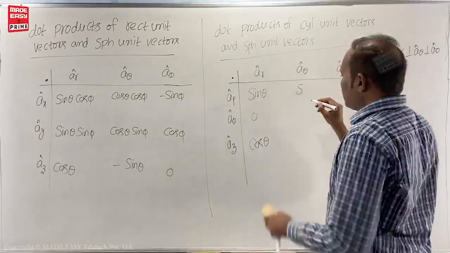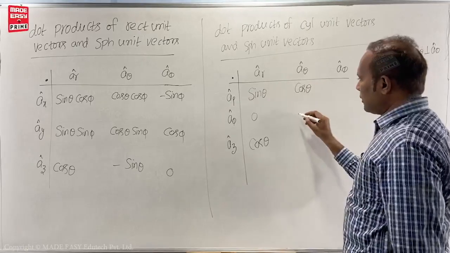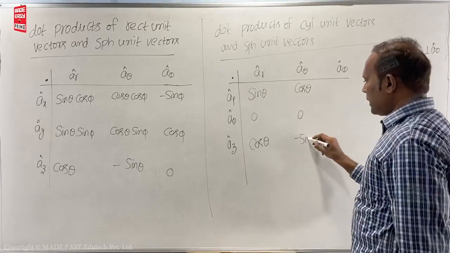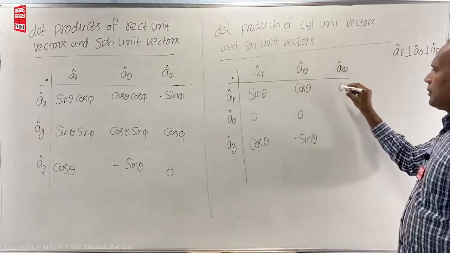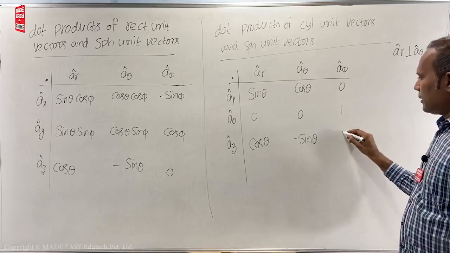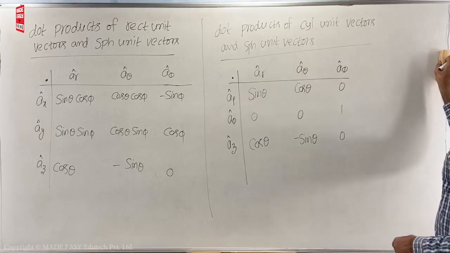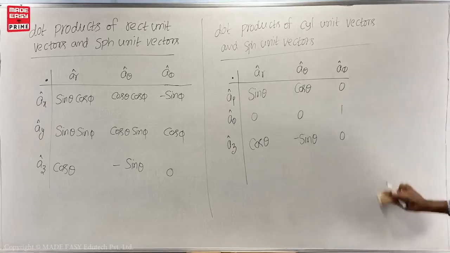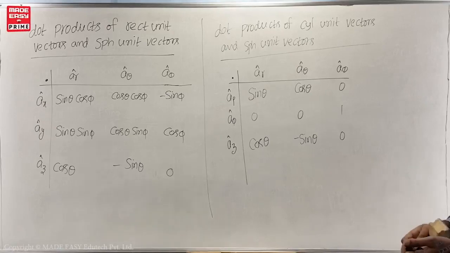And this one is cos theta, so once again this is 0, this is minus sin theta. So AR dot A phi, this is 0, A phi dot A phi is 1, so this one is once again 0. So these are the tables, and you can write them in the formula book and you can revise them regularly so that you can easily remember.